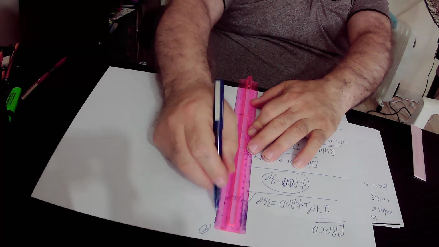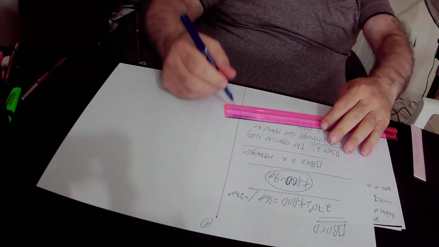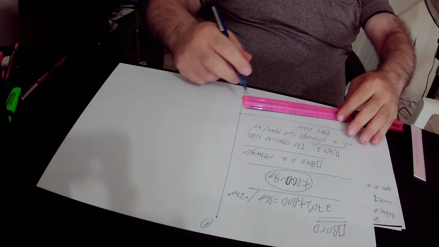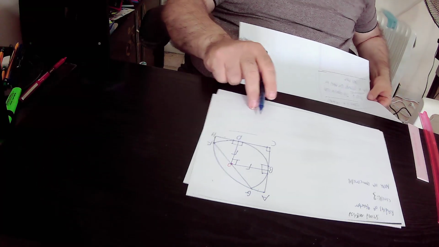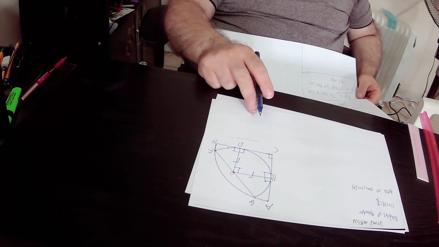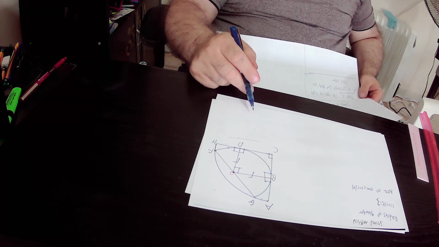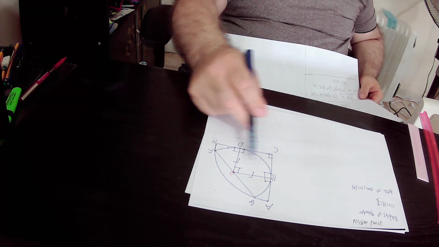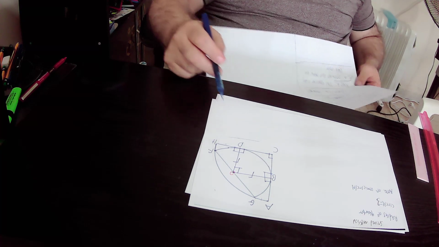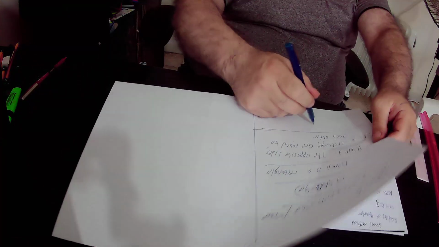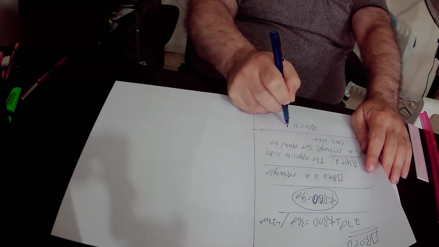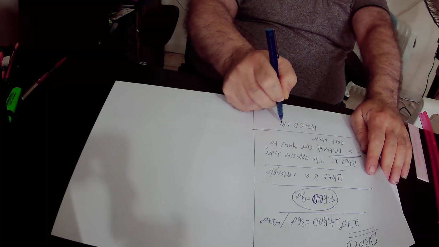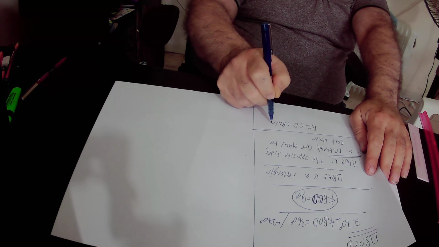That is to say, the opposite sides of rectangle BOCD are equal to each other. It means that side BO must be equal to side CD. BO equals CD according to rule number 2, that the opposite sides of a rectangle are equal to each other.